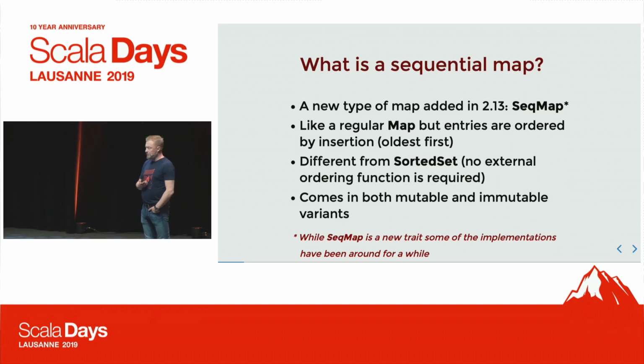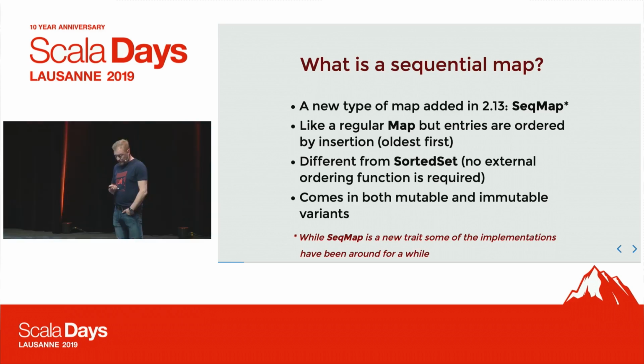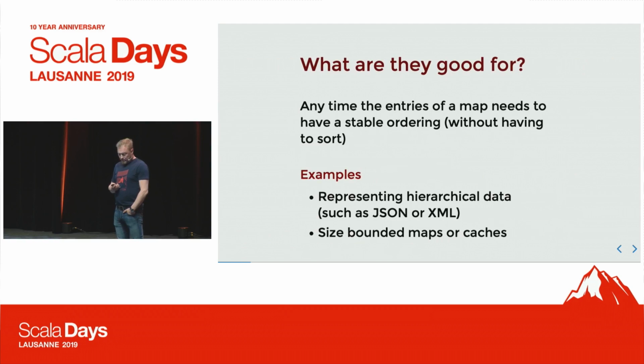Even though SeqMap is a new trait, there have been a couple of implementations around for quite a while in Scala, as we'll see. So what can you use them for? Well, anytime you need the entries of a map to have a stable ordering, so you want them to remain in the order you insert them, regardless of whether you restart your program or whatever, you still want to have a defined order.